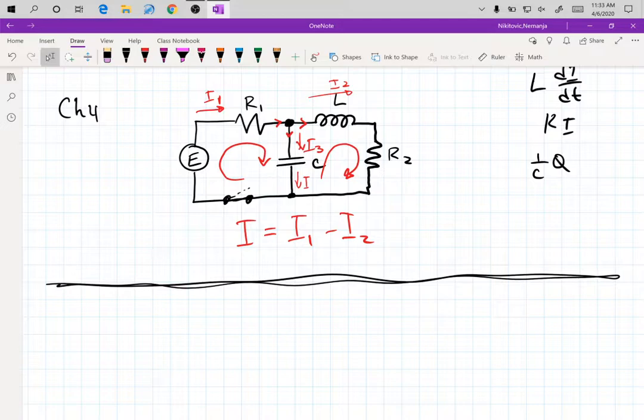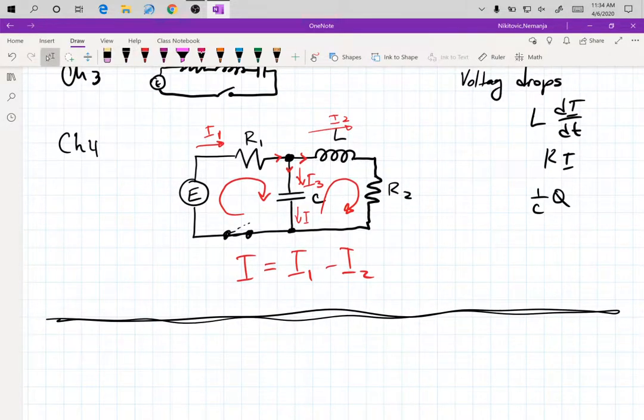And as I said, the best way to practice this, obviously, will be to open up your circuits textbook and take a circuit from the circuit textbook and grind through, because you already know how to set up Kirchhoff laws. So electrical engineering students, you know what the Kirchhoff laws are, you know how to go around the loop and set them up. I gave you the voltage drops.